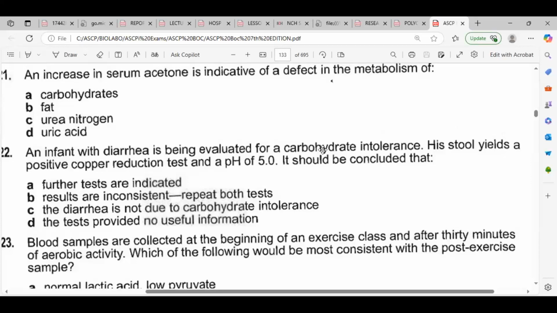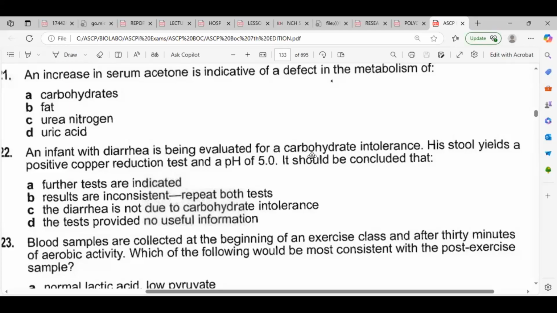Okay, let me give my opinion. If we look at the question itself, we are testing him for carbohydrate intolerance, but his stool is giving a positive copper reduction test, which means the stool has reducing sugars like glucose appearing in it.